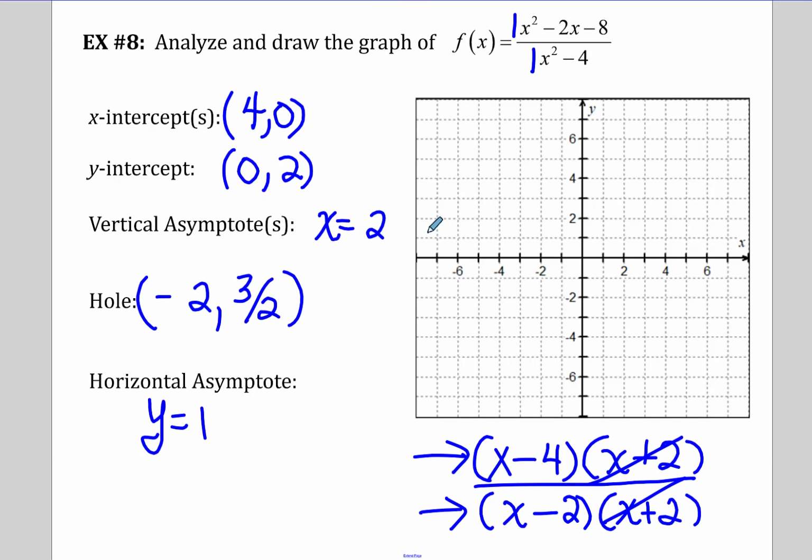So we have a lot of information, and we can put those pieces together. First, a horizontal asymptote is at 1, and a vertical asymptote is at 2. You have an x-intercept at 4, 0. You have a hole at -2, 1.5.